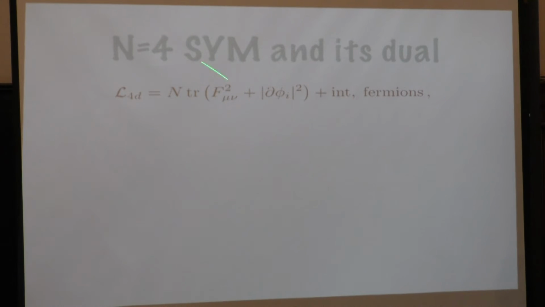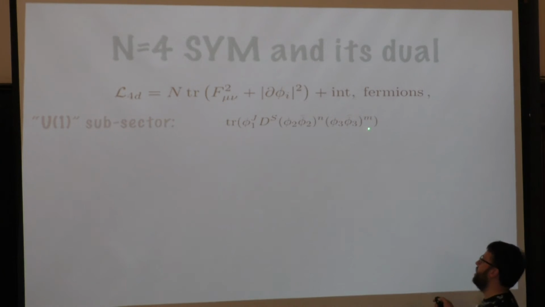So N=4, what is it, just F_mu_nu squared, some 6 scalars, three complex scalars, and actually 4, right? Oh, I always miscompute them. Then we have some other fermions and so on, which is not so important. And today I will focus on a particular sector.